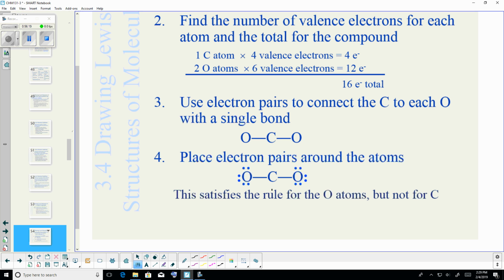So if we check, the carbon only has 4 around it, and it wants 8. We have nothing left to give it. But we can borrow electrons from the oxygens, and we usually borrow them in pairs.